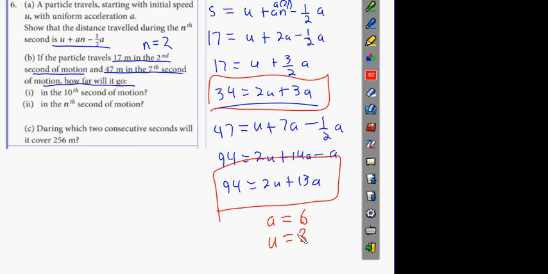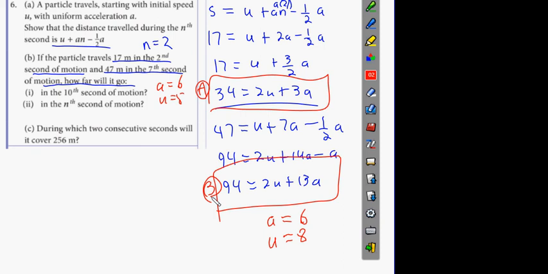So that will be 78 plus 16, which gives me 94. That works out perfect. Now we know that a equals 6 and u equals 8 when you solve the simultaneous equation here.